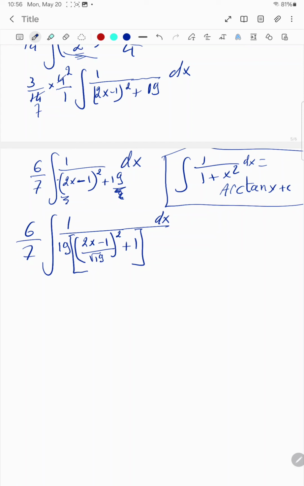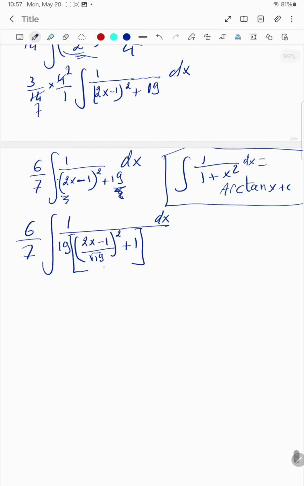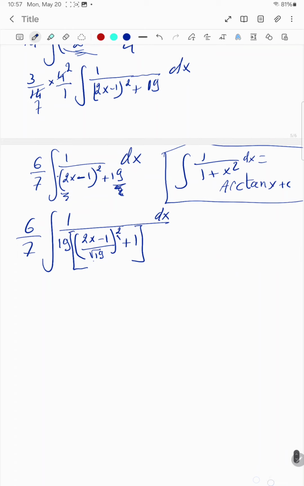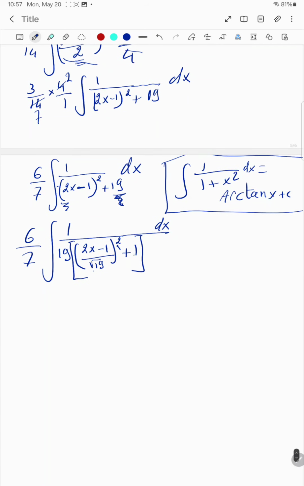So what I did is I factored out 19, but because I want to put it square, I put square root of 19, because when I take 19 out of the square that is here, it becomes 19, and here it becomes 19 divided by 19, it's 1.